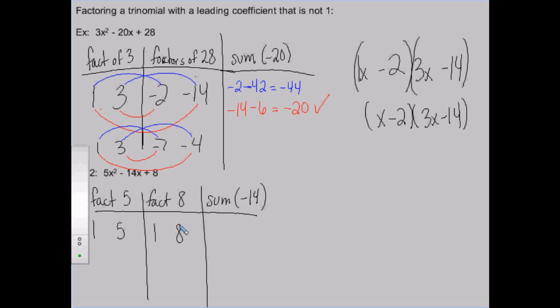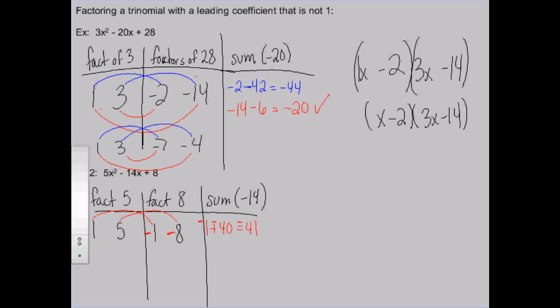So if I do 1 times 1 and 5 times 8, I get 1 plus 40, which is 41, which is not 14. Oh, now I just caught myself. That's positive. I need a negative, right? So I need to make these negative, which makes this all negative. Okay, so negative 41. Still not right.